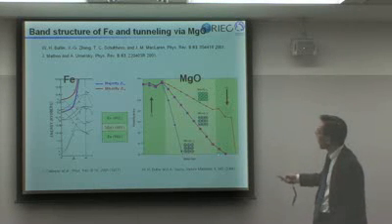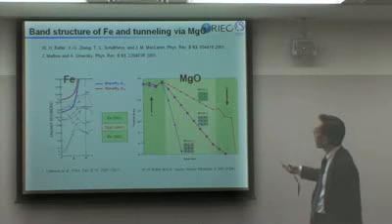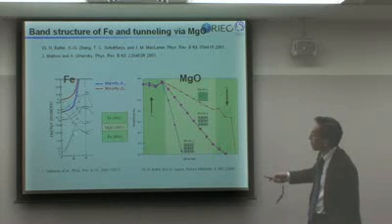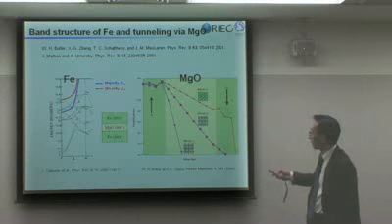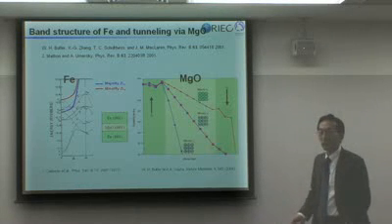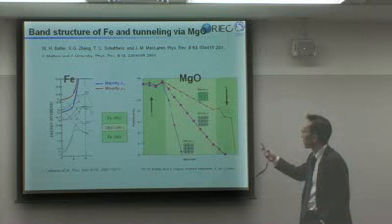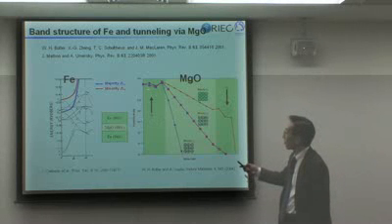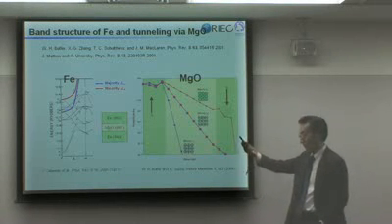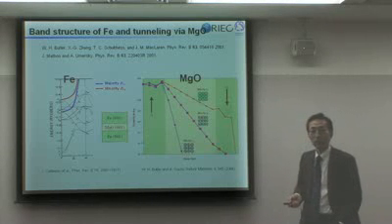And if you look at the structure from this side, these two states, which are those black states, are filtered out, and you only see these red and blue states, which means that looking at this side, your iron or cobalt is effectively a half metal.